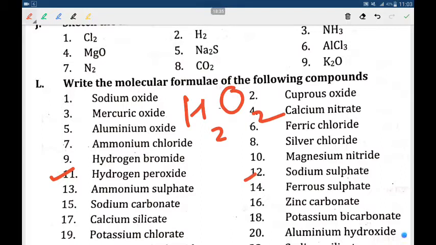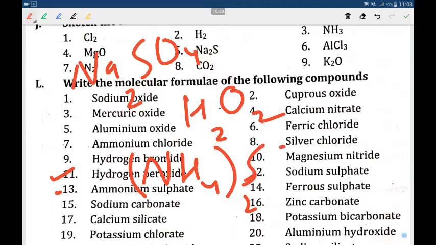Sodium sulfate, Na2SO4. Ammonium sulfate, (NH4)2SO4. That is ammonium sulfate.